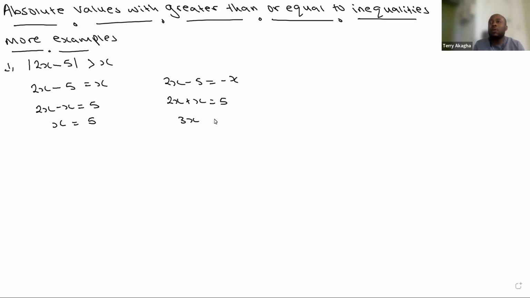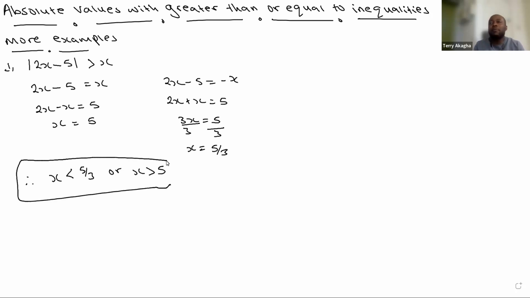And 3x is going to be equal to 5. So you divide both sides by 3. So x is going to be equal to 5 over 3. And because it's greater than, I told you greater than is going to be less than and greater than. So it's going to be x less than 5 over 3 or x greater than 5. And that is the answer for that.